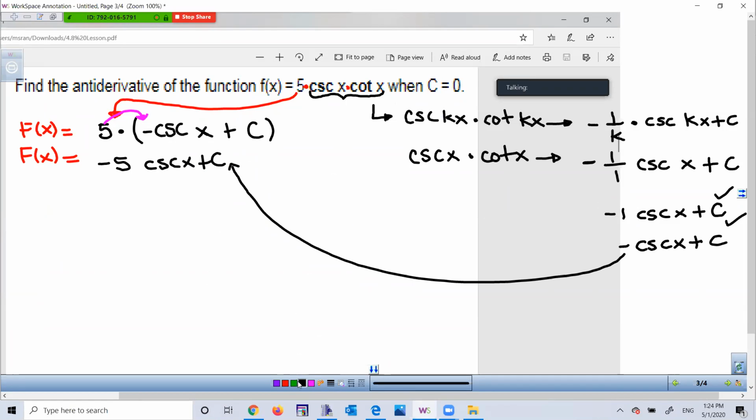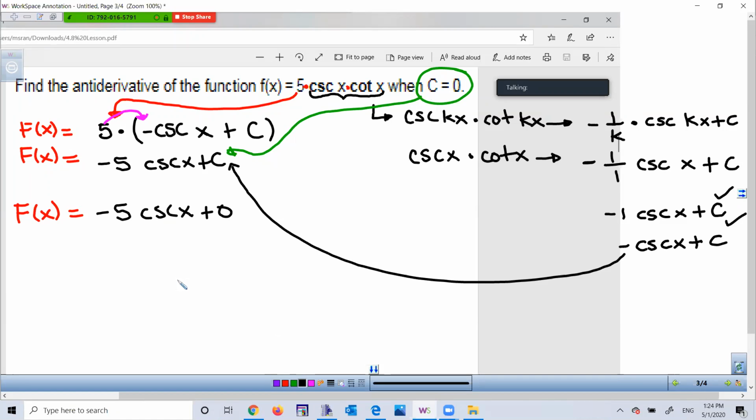Now what's the c? The c is 0 in this problem. So my final answer should be negative 5 cosecant of x. If I replace the c by the actual value of c that's given to me in the problem, the c should be a 0. But you know that zeros adding or subtracting to anything are not really necessary to appear.